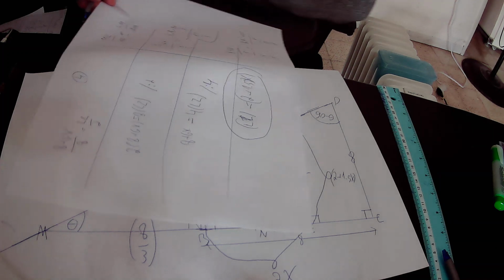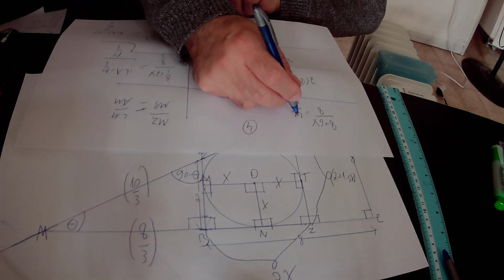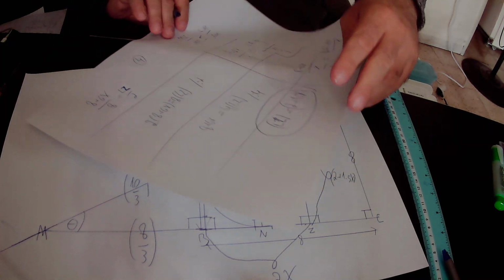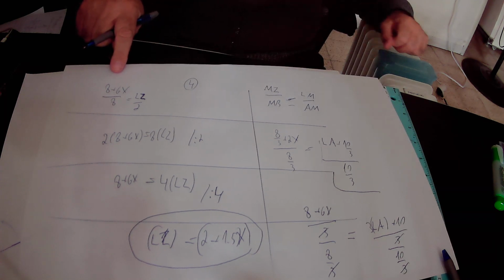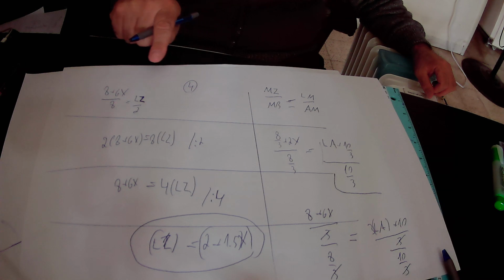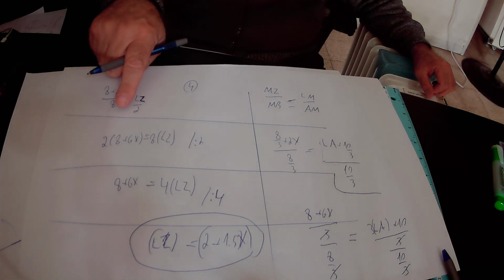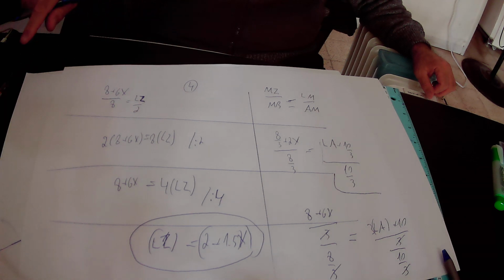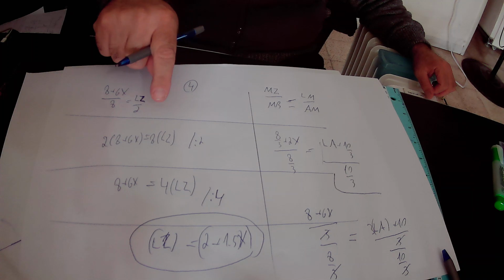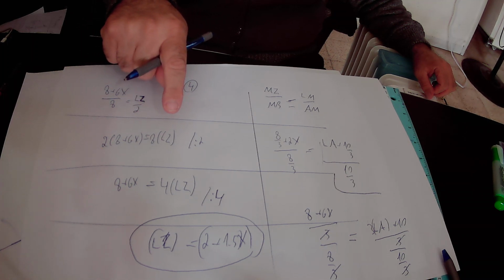Here we cross multiplied this equation and we found out that 8 times LZ equals 2 times 8 plus 6x. We divided this equation by 2 and found out that 8 plus 6x equals 4 LZ.